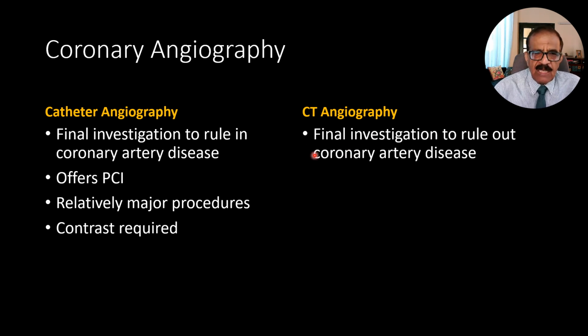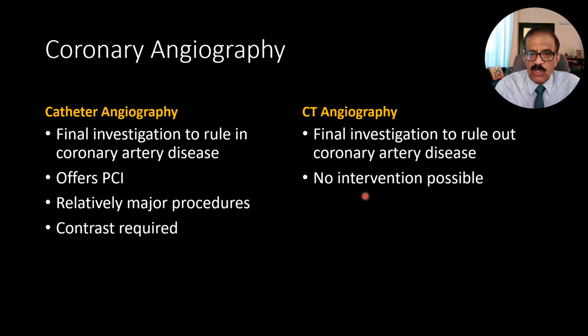Now, for example, if you have taken the history and you feel that this is not coronary artery disease, this is not angina, this is not ischemic heart disease, but for some reason you need to rule out coronary artery disease, you may opt for CT angiography. But if the suspicion is more that this patient has coronary artery disease, then the choice should be catheter angiography.